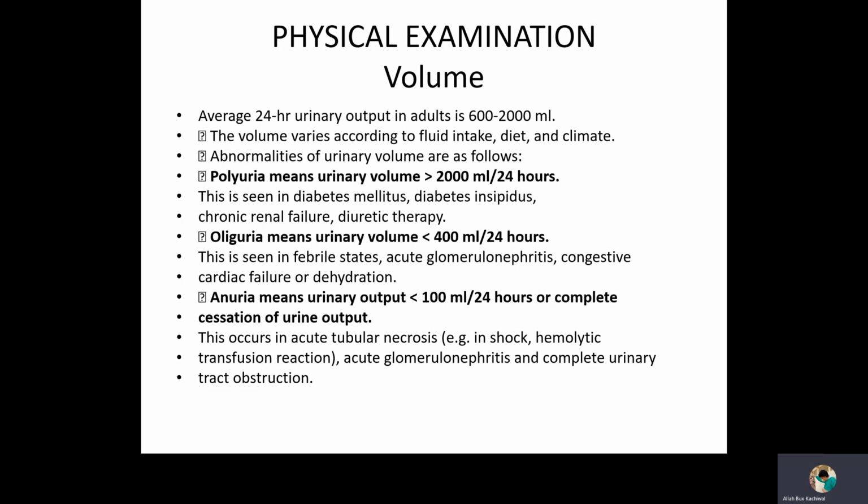This is seen in febrile states, acute glomerulonephritis, congestive cardiac failure, or dehydration. Anuria means the urinary output is less than 100 ml per 24 hours or a complete cessation of urine output. This occurs in acute tubular necrosis, shock, hemolytic transfusion reaction, acute glomerulonephritis, and complete urinary tract obstruction.